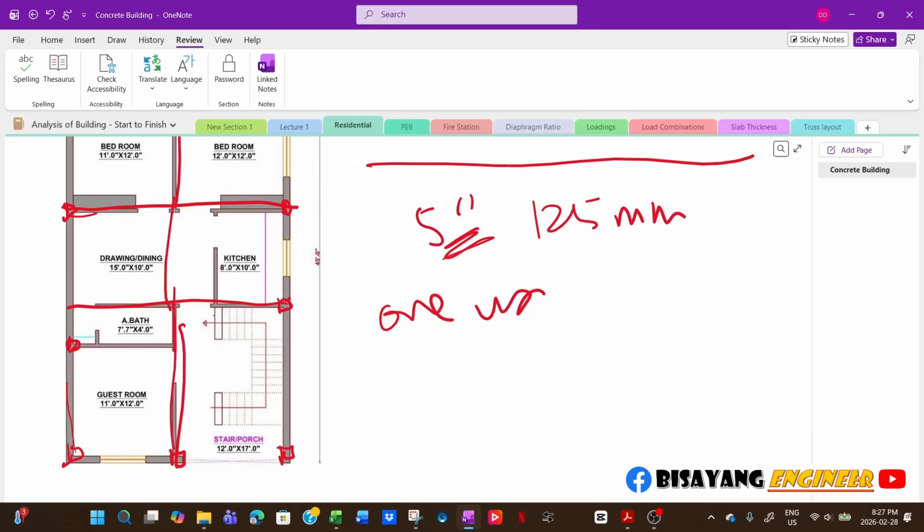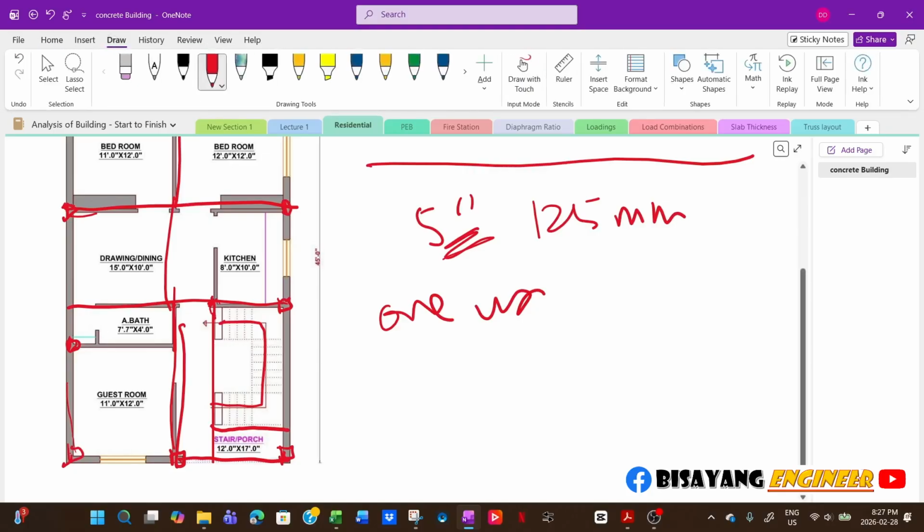For example, this whole area, you will have the stairs going up, then you will have a support beam here like that, and then another beam here. So you can frame it that way. Or if there's a floor here, then you can add another beam. So that will be your framing.